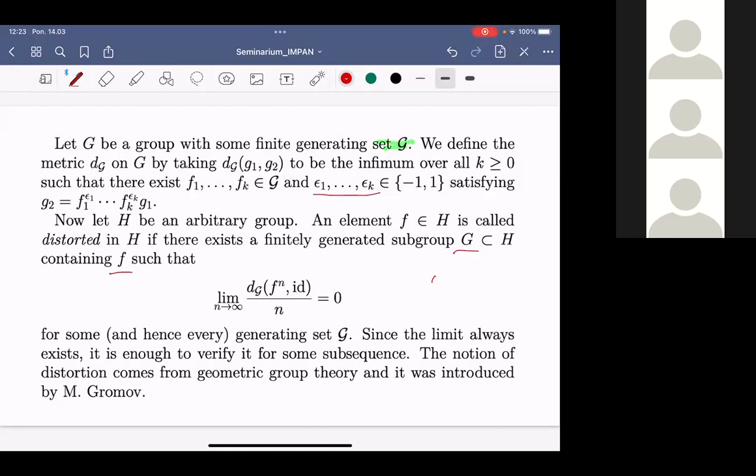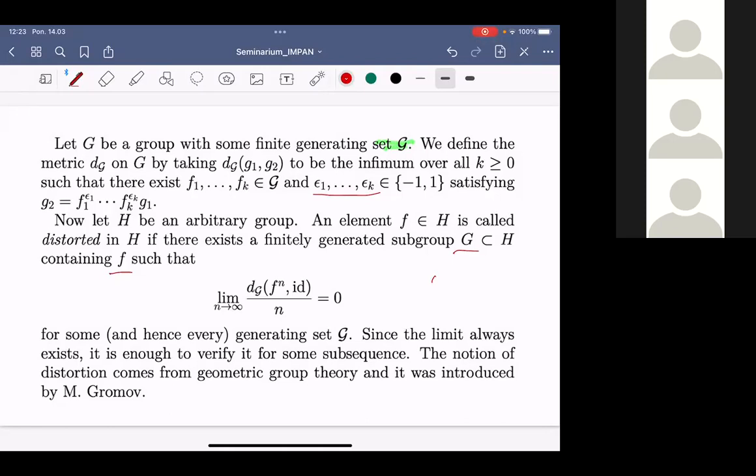It holds for some generating set, but it's easy to see that it is independent. This limit is equal to 0, so it is equal to 0 for all generating sets.